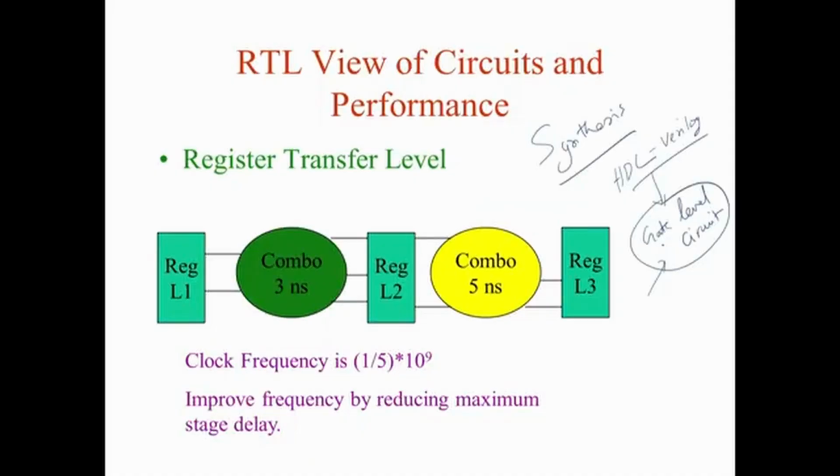The moment I can estimate these delays, I can get a feel of the frequency, right. So very early in your design stage, you will get the ultimate frequency. You will get a cap on the maximum frequency to which it can work. And if that does not suit your actual requirement, then you can start working at an early stage to improve your frequency. Is it fine? This is something very interesting here. Okay. Thank you.